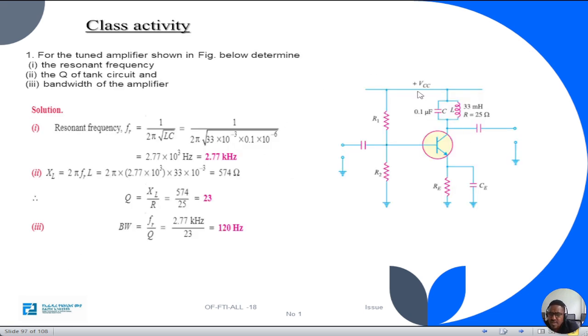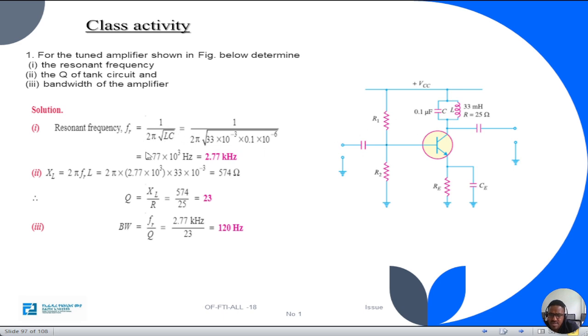So, look at this circuit. We have an inductor of 33 millihenry and a capacitor of 0.1 microfarad. Determine the resonant frequency, the quality factor of the circuit, and the bandwidth of the amplifier. To get the resonant frequency, as you know, the formula for resonance is 1 over 2 pi root of LC.